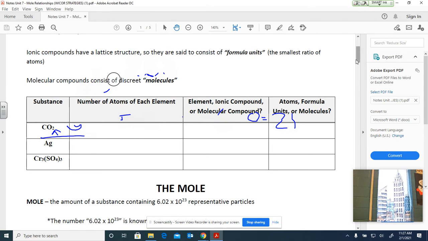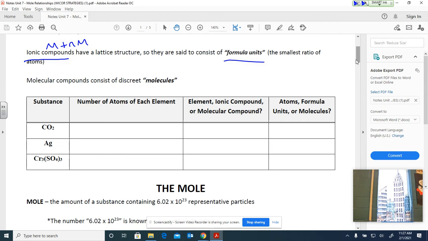Next, just some kind of things to highlight for when we're doing these numbering down here. It says ionic compounds. Let's remember an ionic compound is a metal that joins a non-metal. So in an ionic compound, they have a lattice structure, looks like a crystal. So they are said to consist of formula units. So that's what their little groupings are called, is a formula unit, the smallest ratio of the atoms still being bonded together.